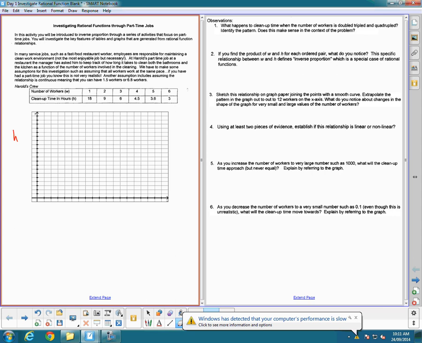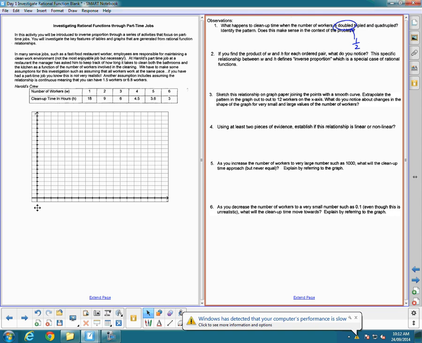We say it takes one worker 18 hours to clean up at the fast food restaurant. And then if you get a buddy, then obviously that work is cut in half. So the first thing we'll notice is if the number of workers doubled, then it would take half as long. Again, we're making lots of assumptions that the two workers are working at the same time and the same pace, and they're doing everything exactly the same.